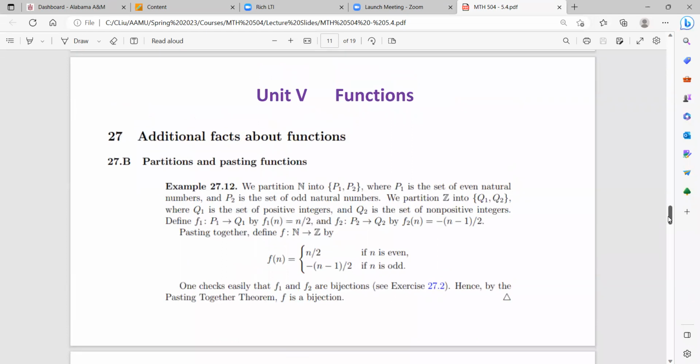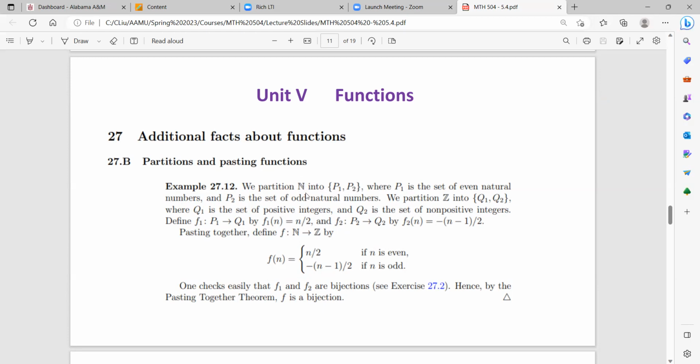So let's define a function f. Well, actually, let's just start from the two component functions, f1 and f2. So let's define the function from N to Z. Okay, the pasted function, but we're going to partition the domain N into even and odd numbers, P1 and P2.